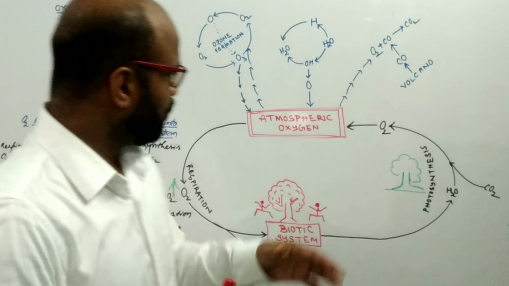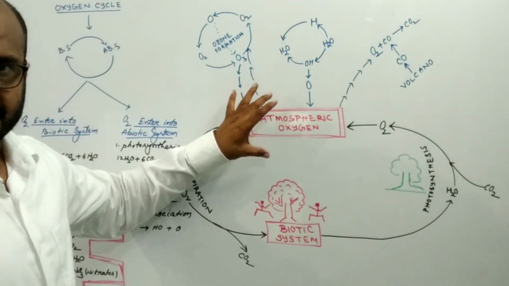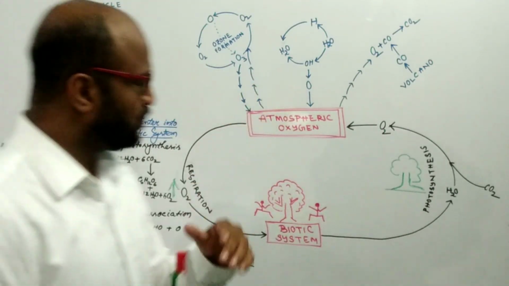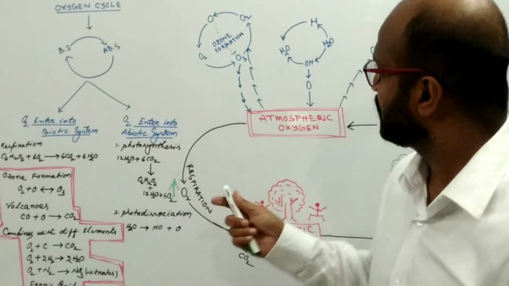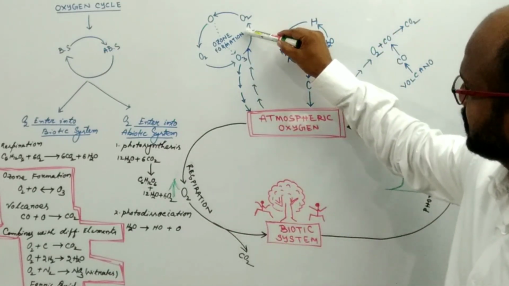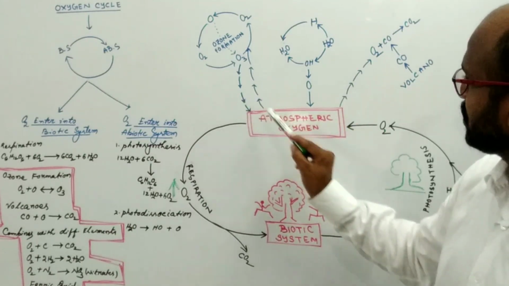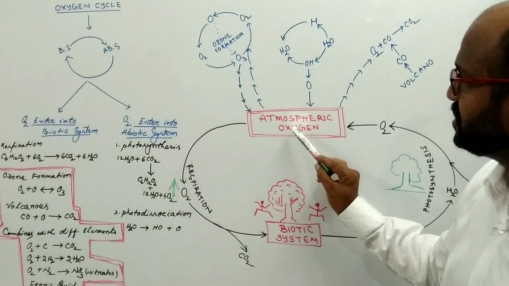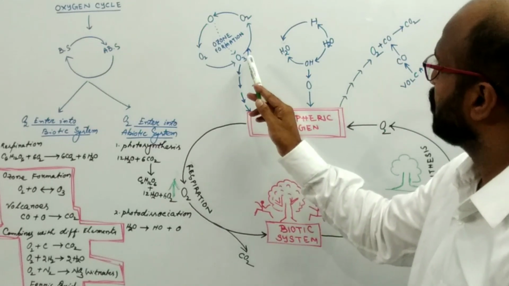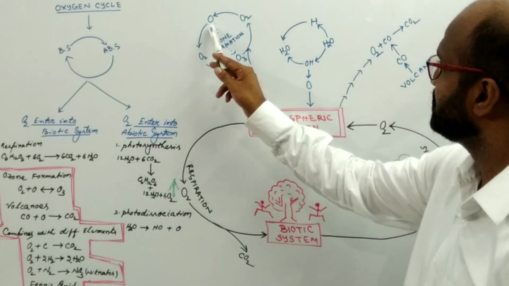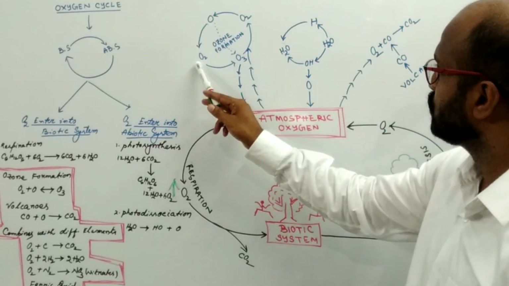Now this is the atmospheric oxygen. Some of the atmospheric oxygen is utilized for the formation of ozone. This is the nascent oxygen, which converts into O2 and O3.